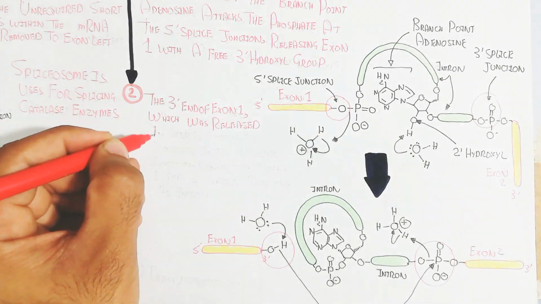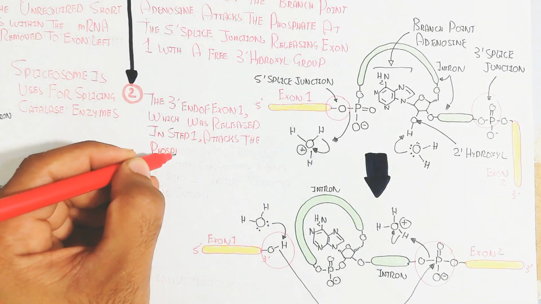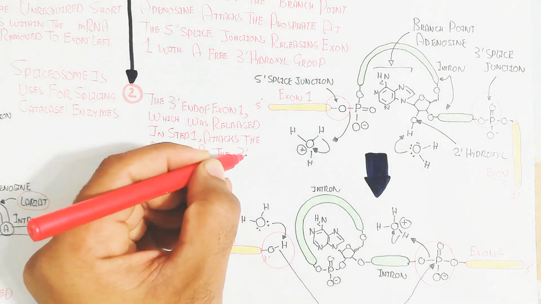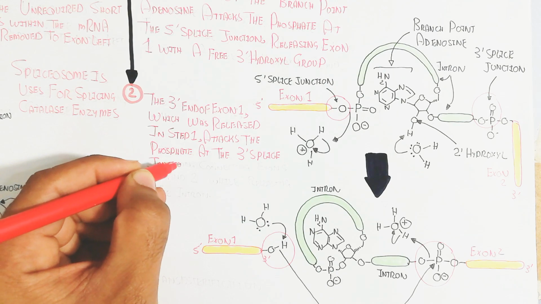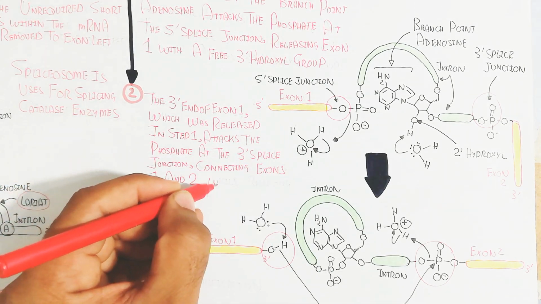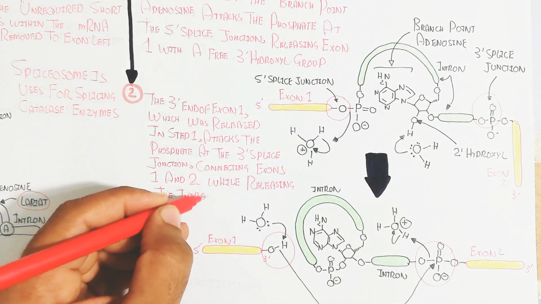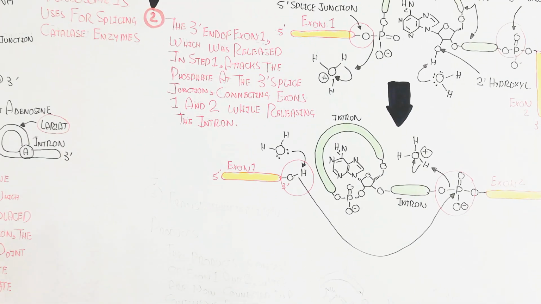And let's understand with the written text: the 3 prime end of exon 1, which was released in step 1, attacks the phosphate at the 3 prime splice junction, connecting exon 1 and 2 while releasing the intron.